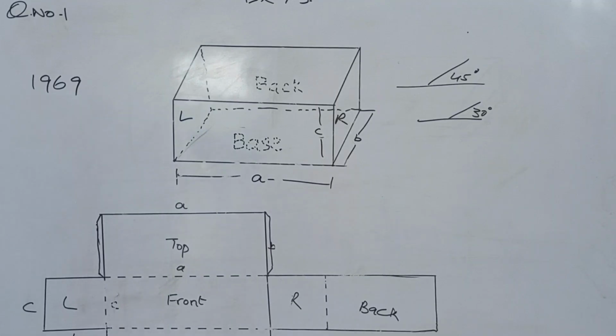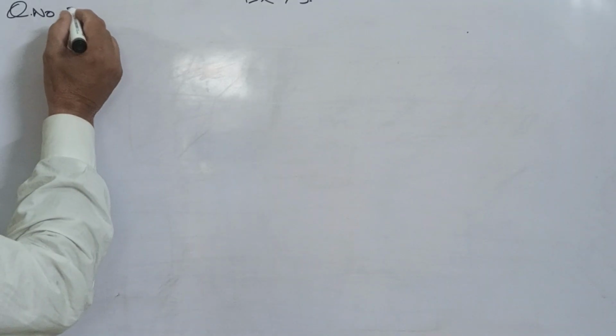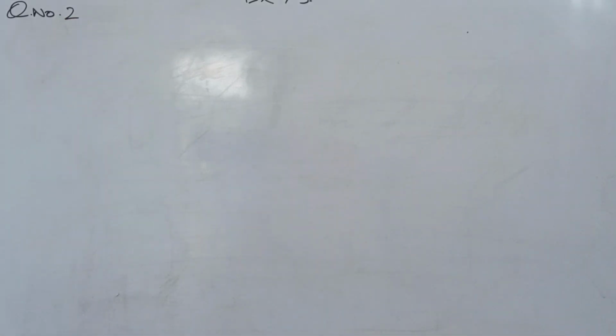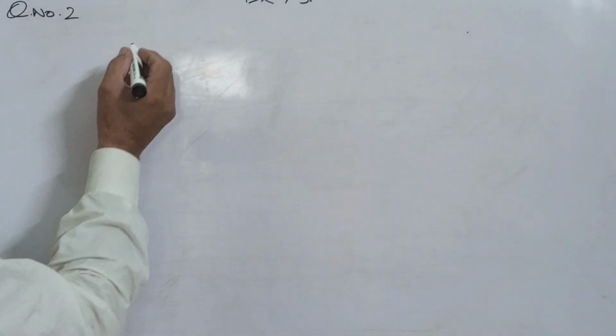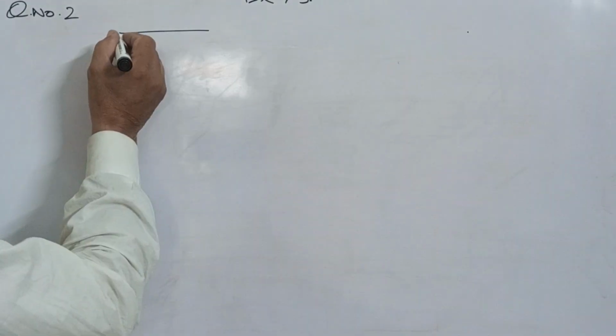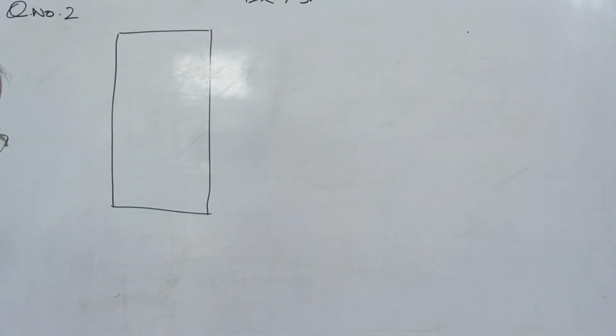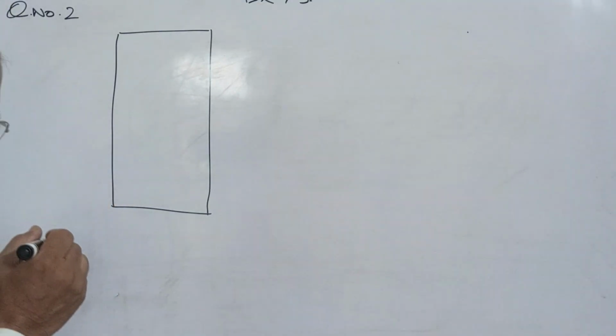So this is the question number 1, and now the question number 2. In question number 2, a net is given to you, and you have to construct a three-dimensional figure. Now, what is it, the net? If I just keep on doing it very precisely, it will take too much time. So I am going to do it rough.